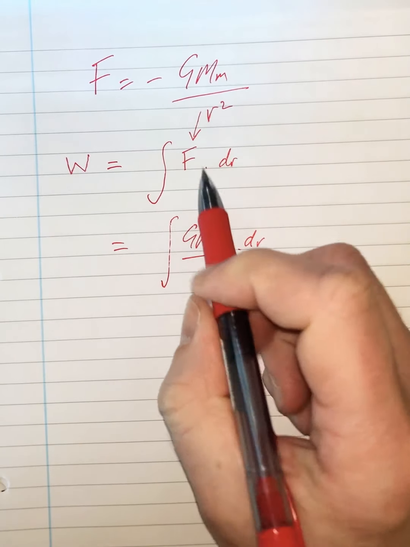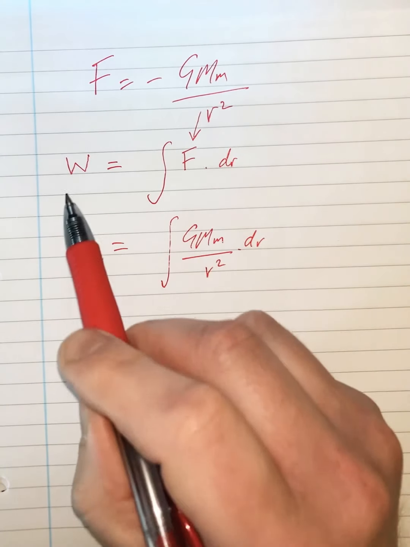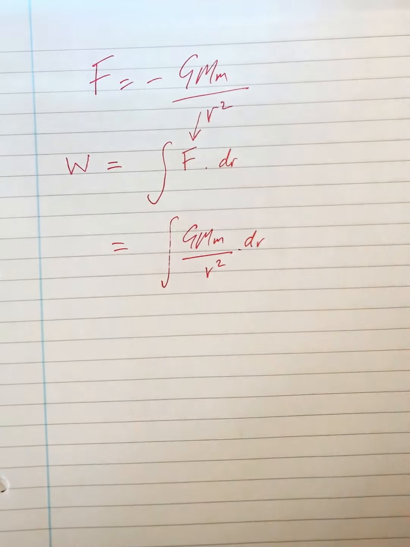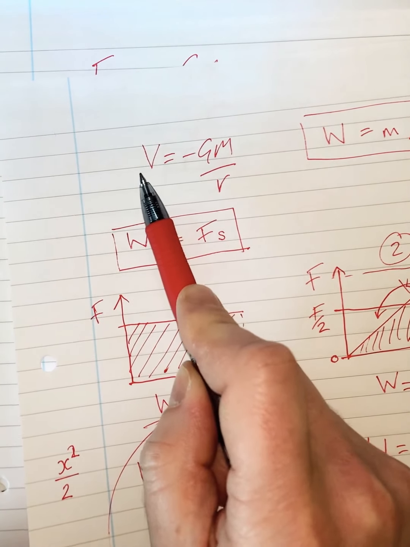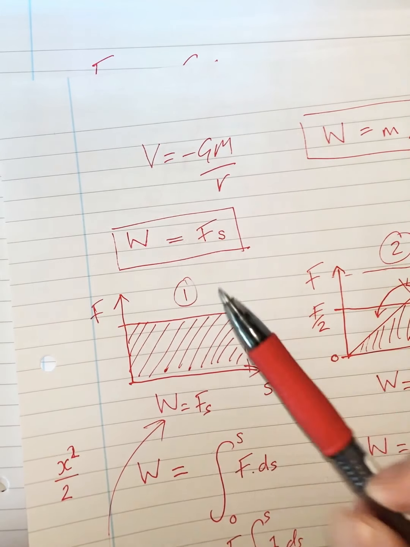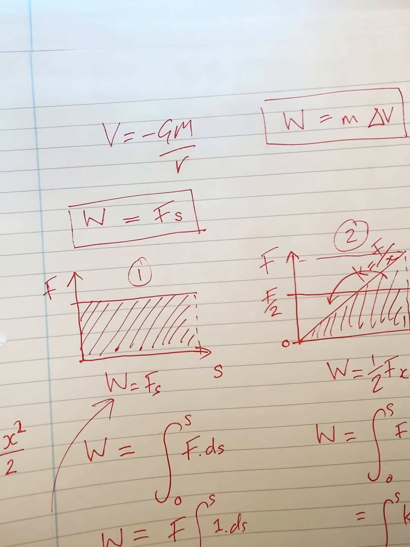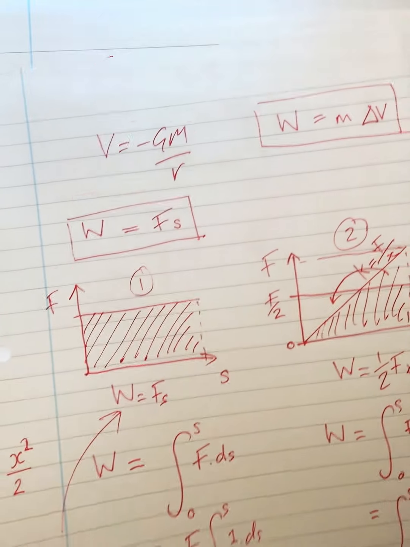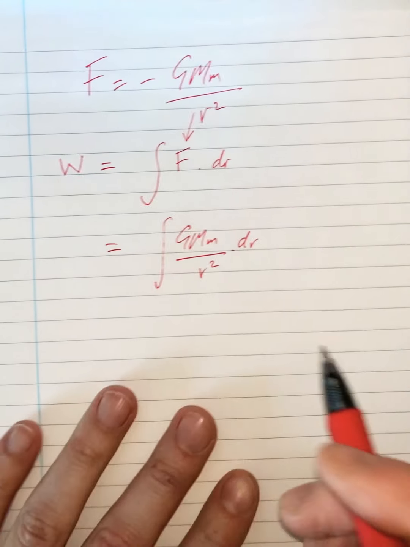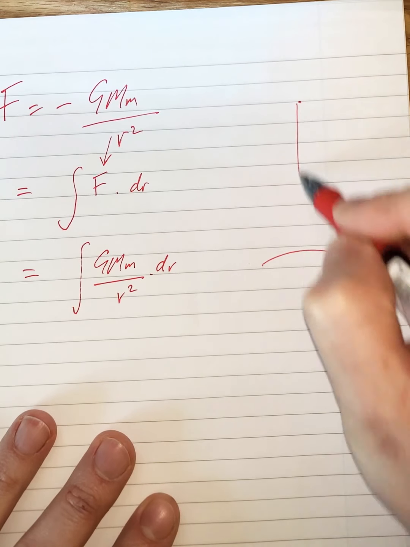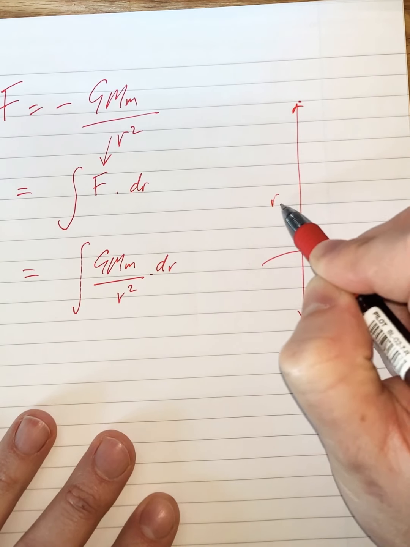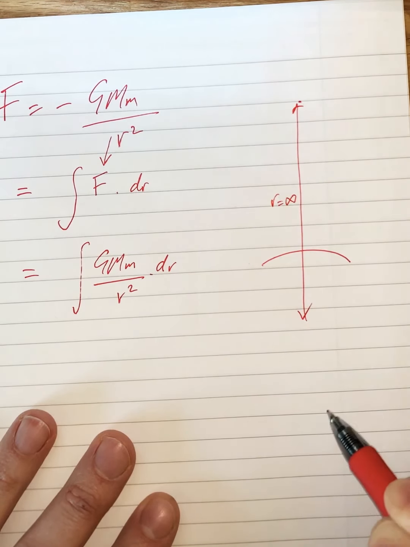Now, one thing to think about is, what are we trying to get to? We're trying to get to the definition of what potential is. And in the last video, we talked about potential being the amount of work required to go from infinity to a point in the field. So what that means is we're going from some very far away distance, where that r is infinitely far away, and then you're going to come down to some value r.